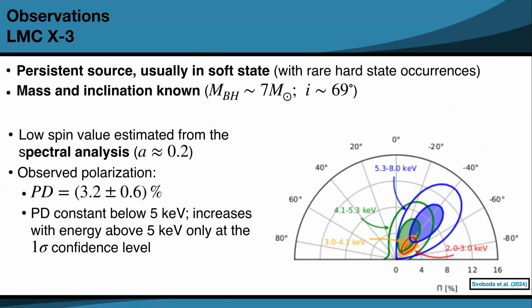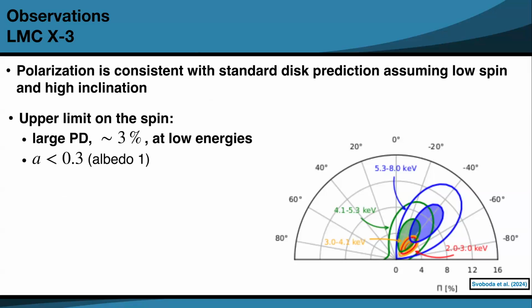And in fact, the observation, while being similar, showed a slightly larger polarization degree of around 3.2%, which resulted to be basically constant below 5 keV, with only an increase above 5 keV, which is only statistically significant at the 1 sigma confidence level. So also in this case, the standard disk prediction is in agreement with the data.